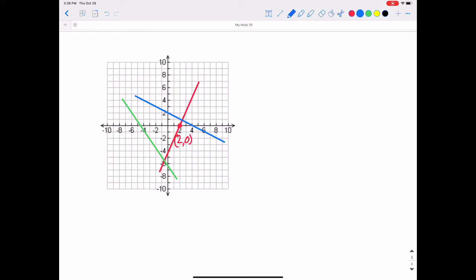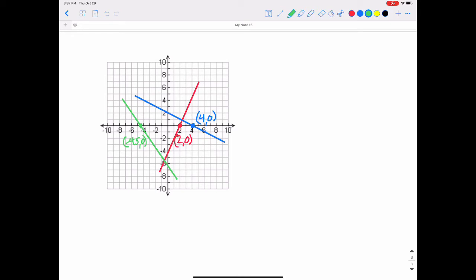And let's go to the blue, which has an x-intercept right there, and the coordinate of that point is (4, 0). And we go to the green. The green has an x-intercept right there, and it looks like it's about (-4.5, 0).